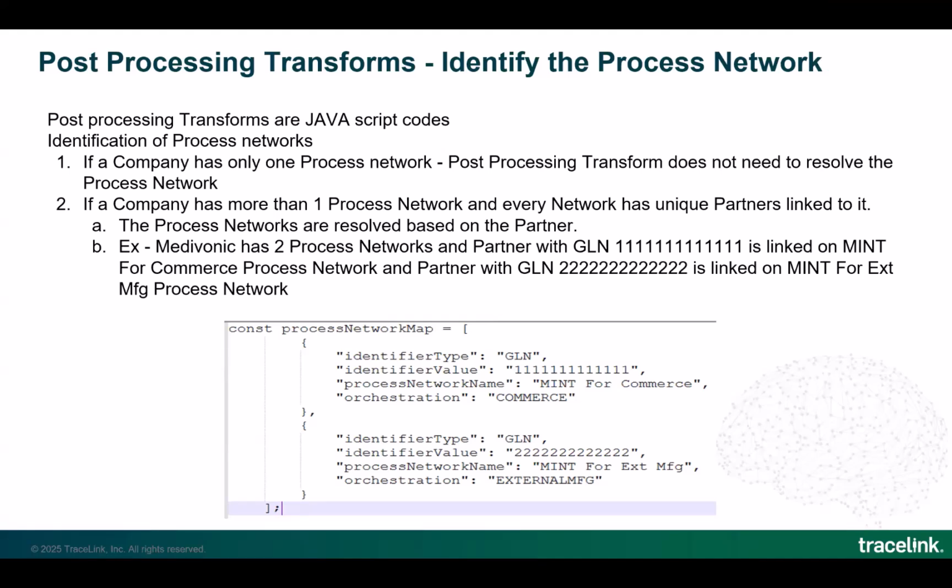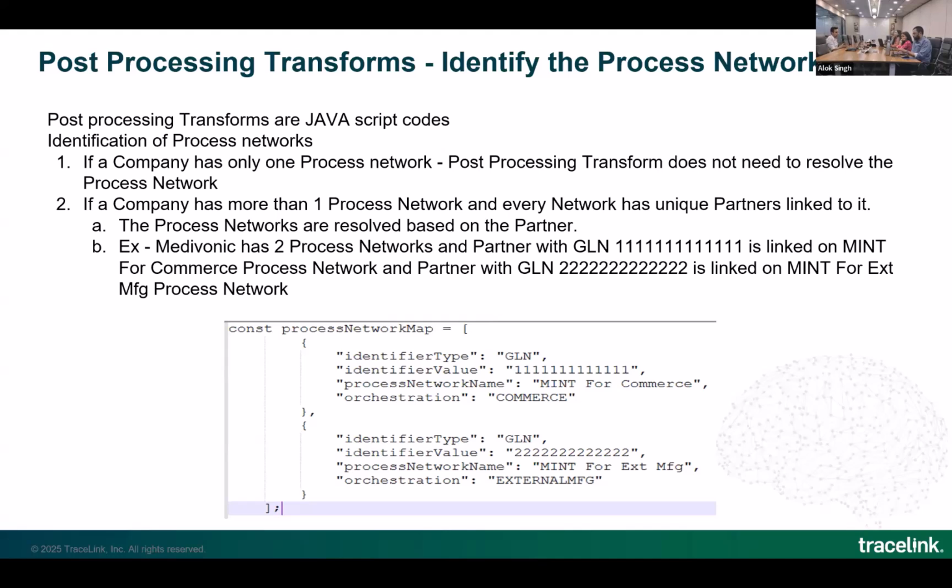Okay, so every time we are connecting with a new partner, we have to update the post-processing transform as well. Yes. So that's the pain point today, right? Now we have a Jira in place and the team is working on that.